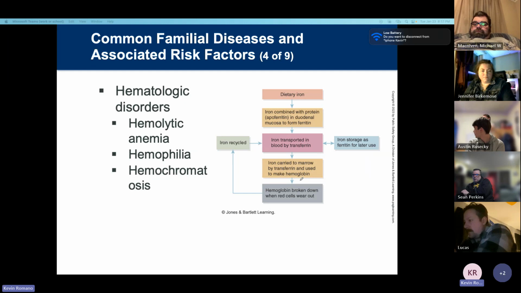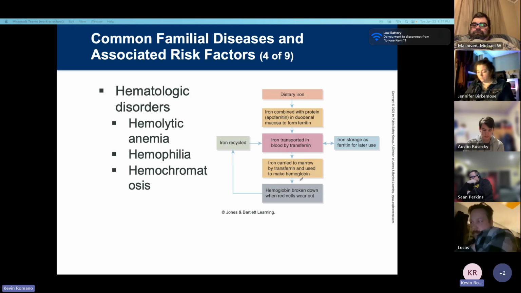Hematologic disorders: hemolytic anemia is characterized by increased destruction of red blood cells. This disorder has a number of causes, such as Rh factor blood transfusion reaction, a disorder of the immune system, and exposure to bacterial toxins or chemicals such as benzene. Hemophilia is an inherited disorder characterized by excessive bleeding.